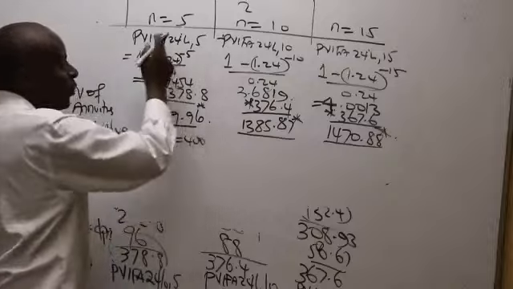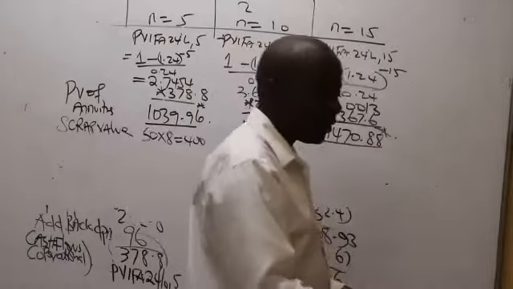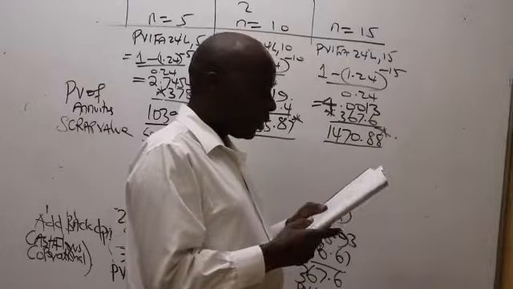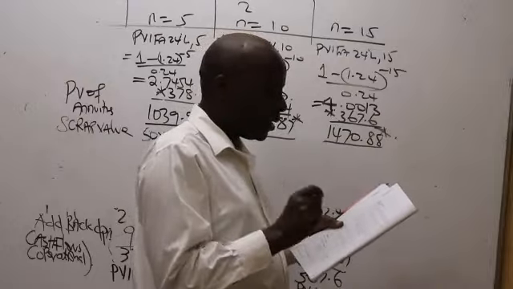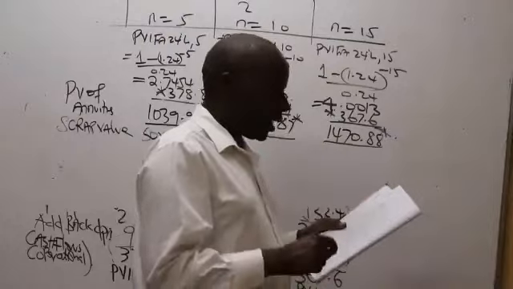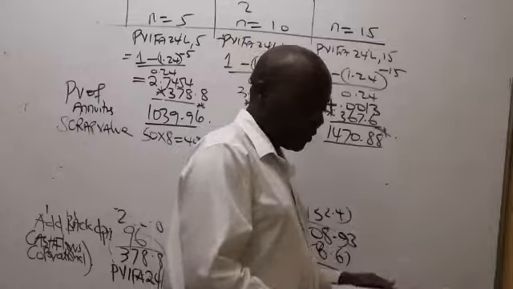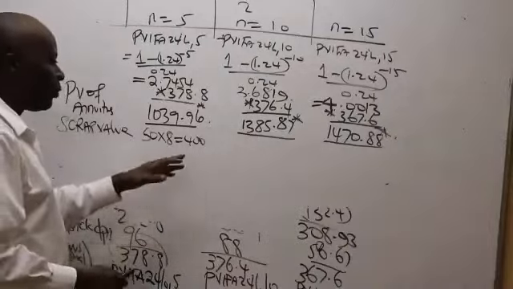When n is 5. If you recall, they told us, the marketing manager, paragraph number 5, the marketing manager on the other hand argues that the company needs the computers for only 5 years, after which they can be disposed of at 50,000. So 50,000 times 8 is 400.